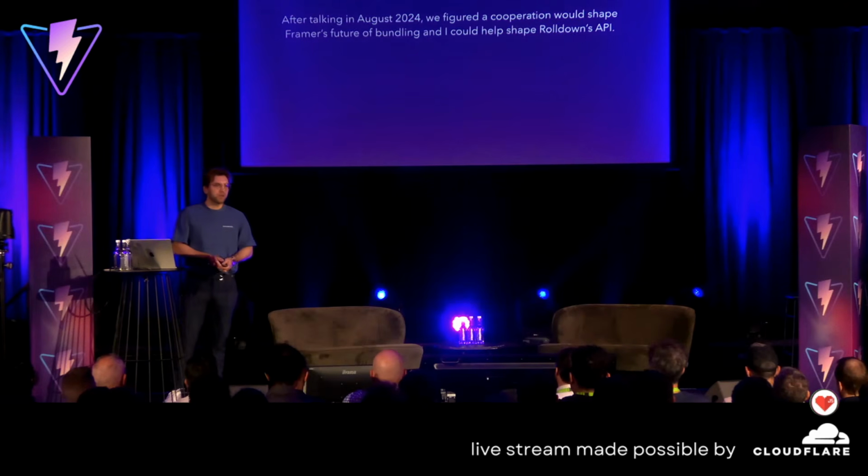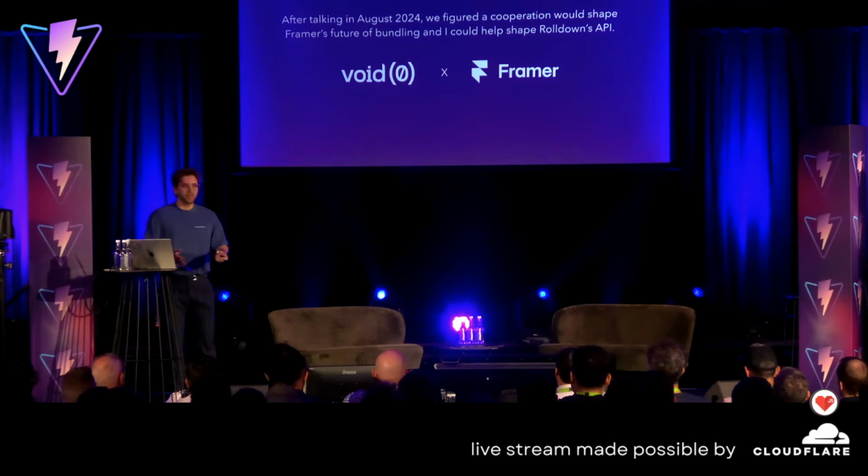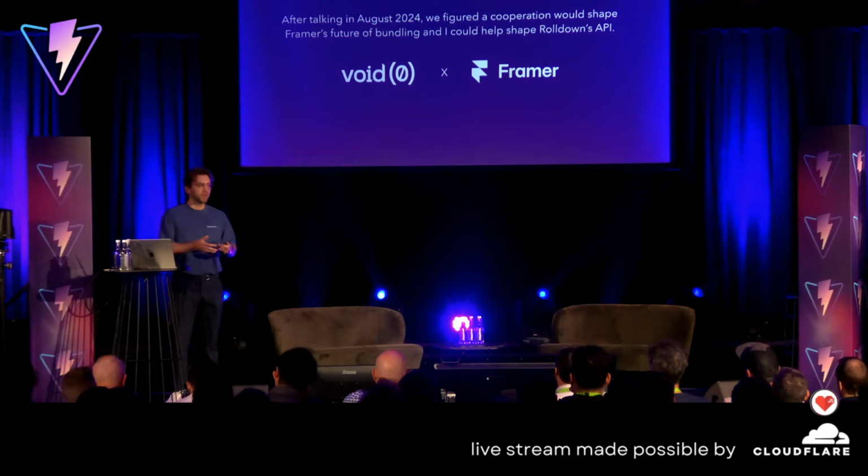In August 2024, we figured out that cooperation would make sense because Rolldown could shape Framer's future of bundling, and I could help with all the chunking research I've done and presented in the previous slides. And you might wonder, August 2024, we now have October 2025. What happened?